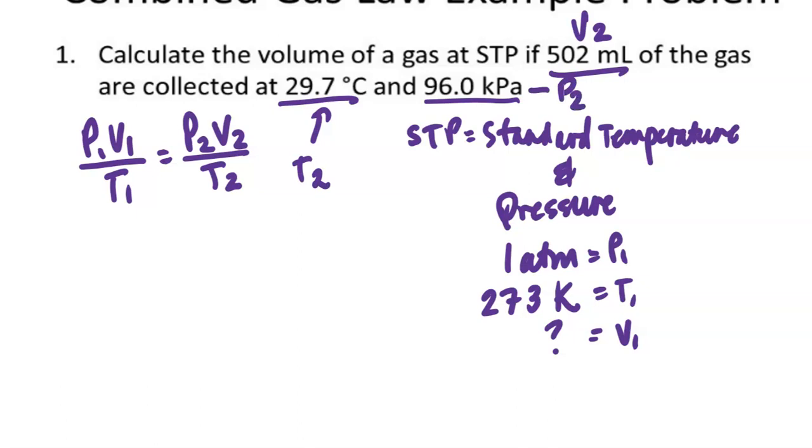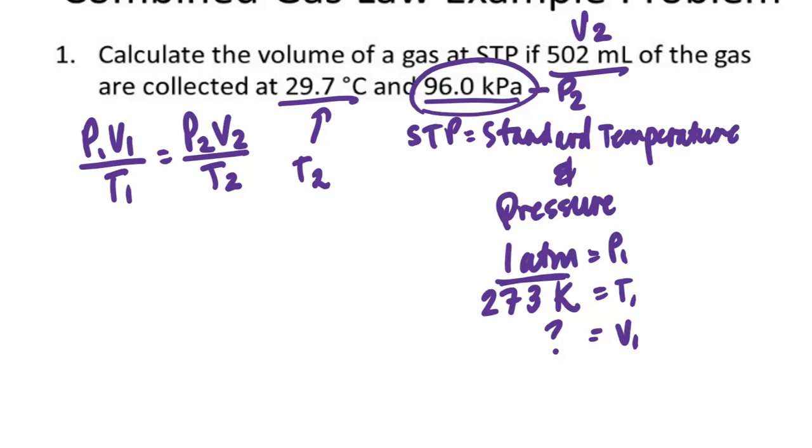Now, before we plug into the combined gas law, we should be very aware of our units. I've expressed standard temperature and pressure, particularly the pressure, in units of atmospheres, but we're going to have to work with units of kilopascals. Eventually I'm going to take a pressure ratio in my solution, meaning I'll be dividing pressures against each other.